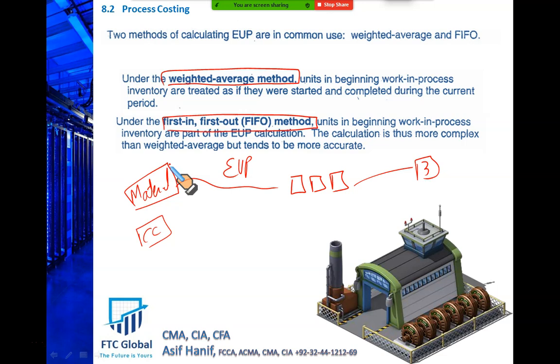Let's say I have a certain material, and using that material, I just completed some units. Now the point is, the material that I have added was sufficient only to produce 2 units, unit 1 and unit 2.